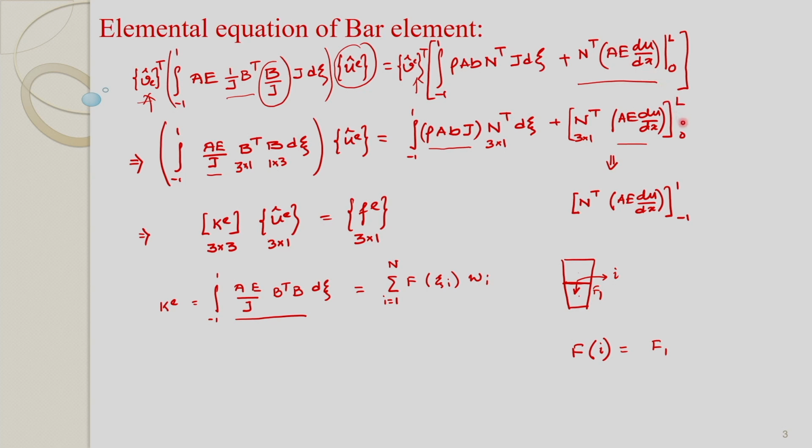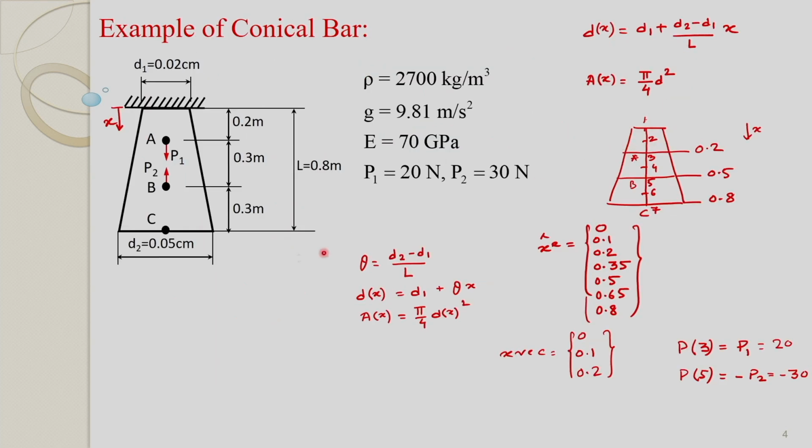At x equal to L, this is a free surface. Hence, the force on this surface is 0, that is AE du dx. You remember du dx is strain, E du dx is stress, A E du dx is the net load on that surface. So, that is 0 because it is a free surface.